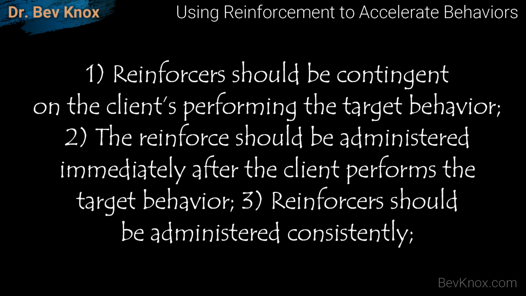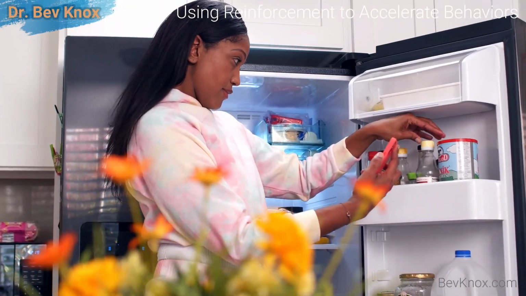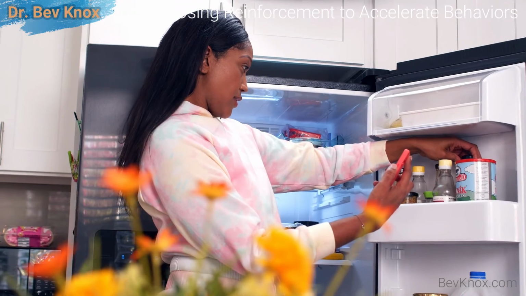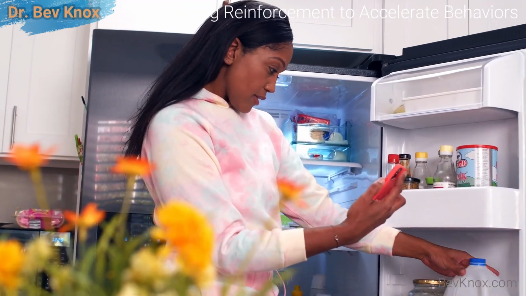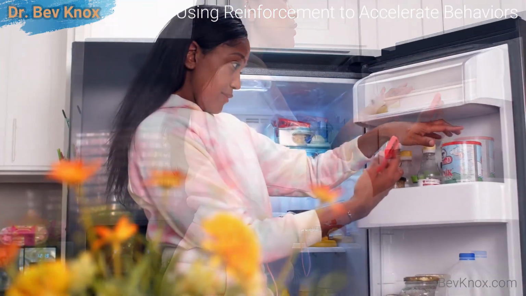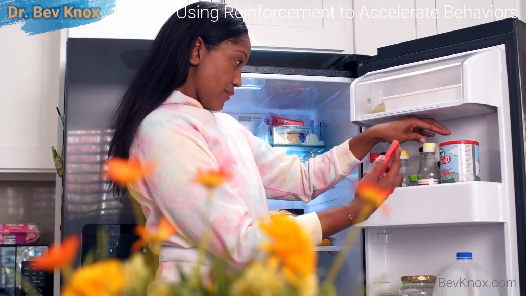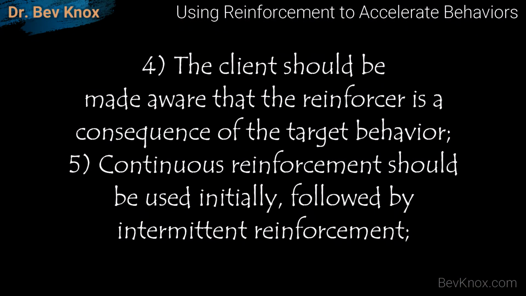Third, reinforcers should be administered consistently. All of the people reinforcing the client's target behavior should use the same criteria for determining when a reinforcer should be administered, and they should administer the reinforcers each time they are earned. Fourth, the client should be made aware that the reinforcer is a consequence of the target behavior.